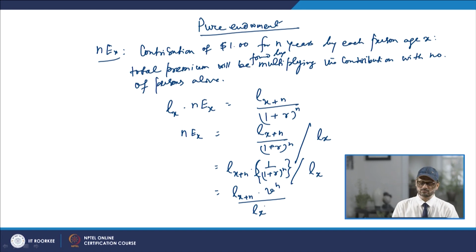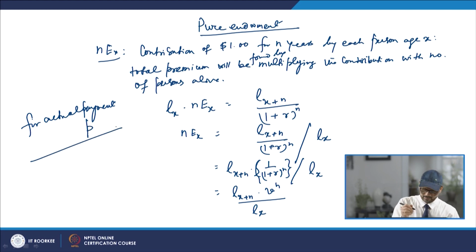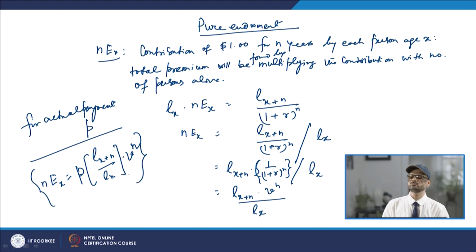So for the actual payment P, nEx will be P times lx plus n by lx, multiplied with v^n. This is how nEx, the contribution for n years by each person of age x, can be computed.